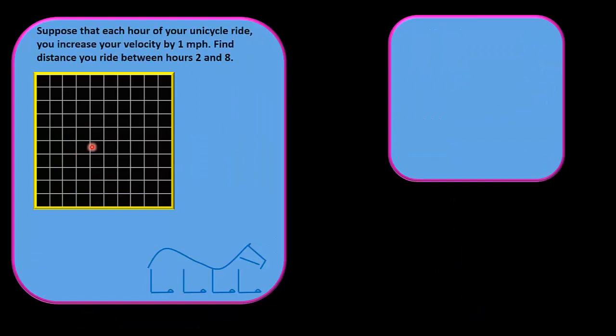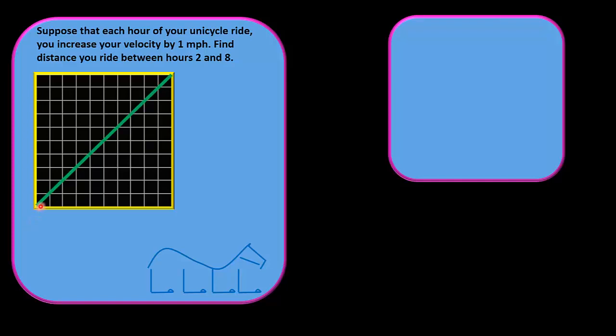Now let's suppose that I spice up the problem a little bit and you're riding your unicycle and you increase your velocity by 1 mile an hour. Every hour you travel, you increase your velocity by 1 mile per hour. And we want to find the distance you ride between hours 2 and 8. So let's look at the curve.